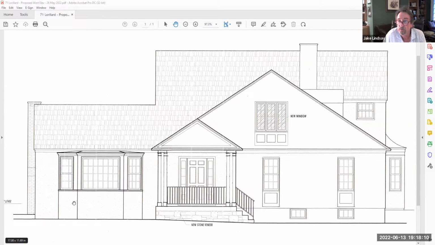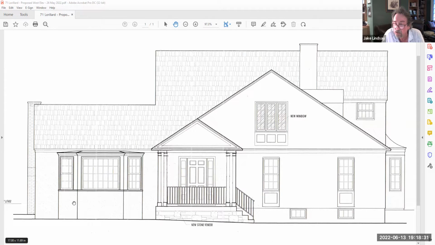Most of them are self-created, okay? And in this particular instance, I would see no reason that we shouldn't grant the variance. That being said, I would like to make a motion to approve the variance requested.